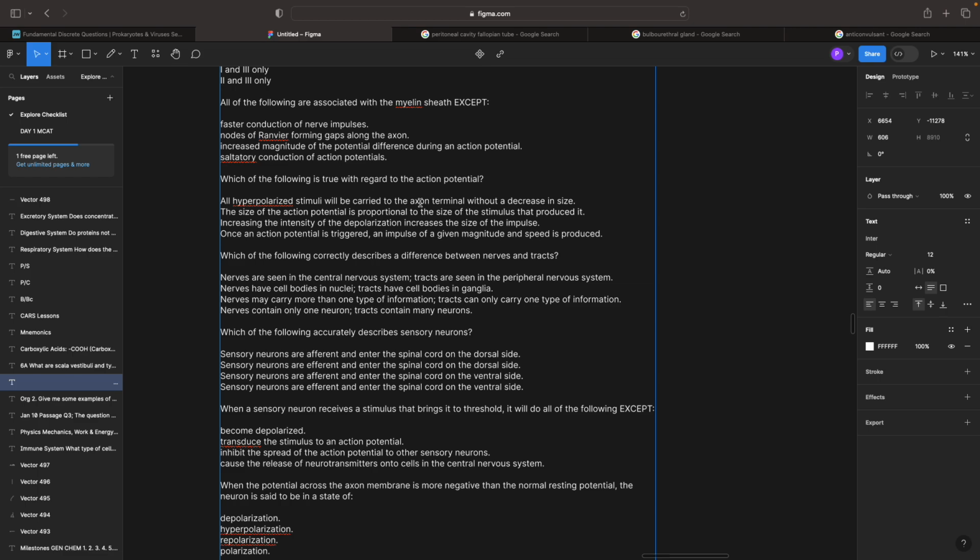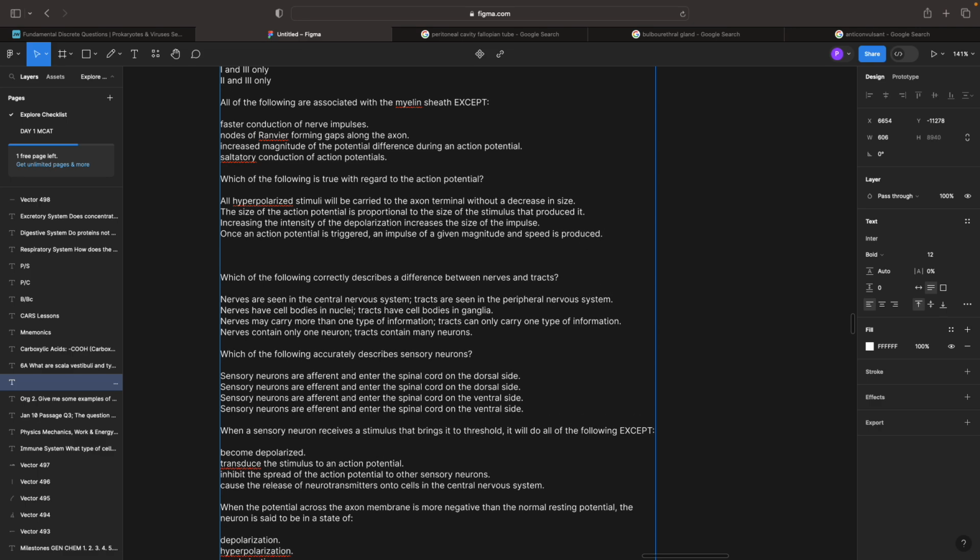No, these are not. So there is a takeaway from that actually. Takeaway: hyperpolarized stimuli don't reach axon terminal.